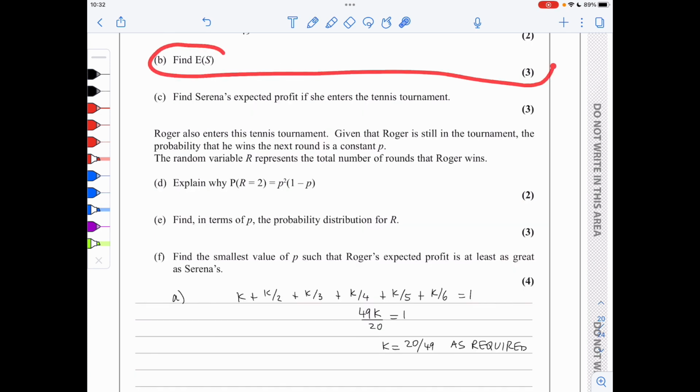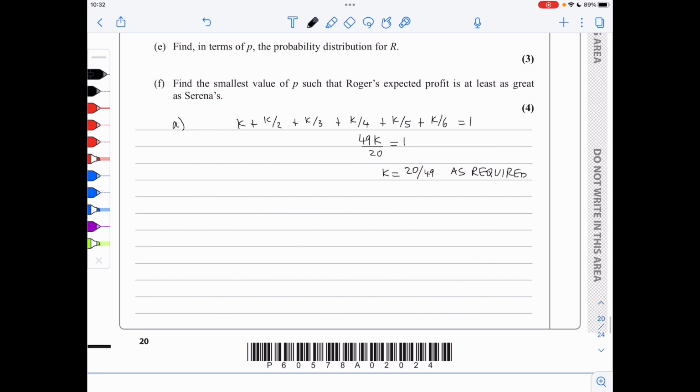Part B, for 3 marks, we need to find the expectation of S. We know that it's a standard approach to multiply the values of the random variable with the associated probabilities to find the expectation. So it's going to be 0 times k plus 1 times k over 2 plus 2 times k over 3 plus 3 times k over 4 plus 4 times k over 5 plus 5 times k over 6.